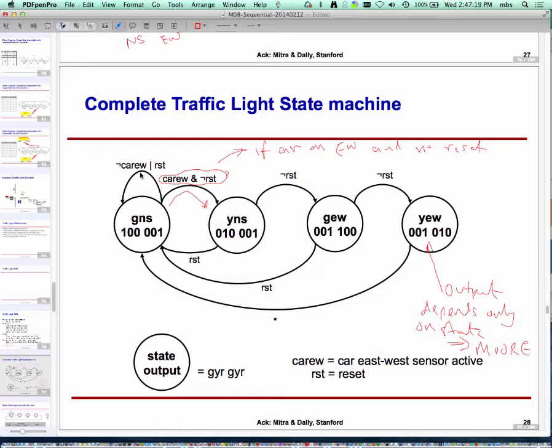From this state, there is only one outgoing edge, which says car east-west and no reset. In many cases they don't bother drawing the self edge because it's implied. People often do it because it reduces the clutter. There's an implied self edge, which says if nothing happens which takes you to a different state, then you just stay put.